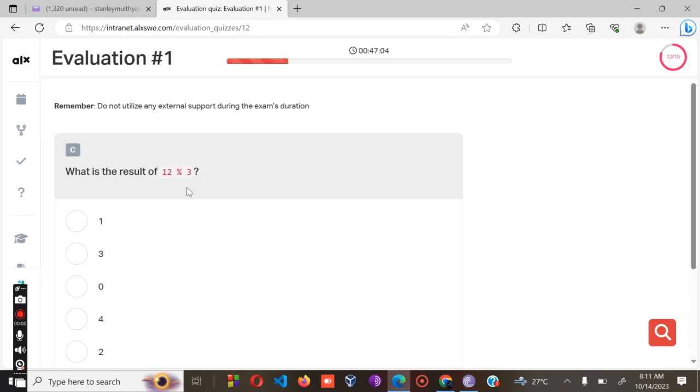So what is the size of 12? Well, 3. And the answer is supposed to be 0, because 12 divided by 3 is 4 with no remainder, so the remainder is 0.